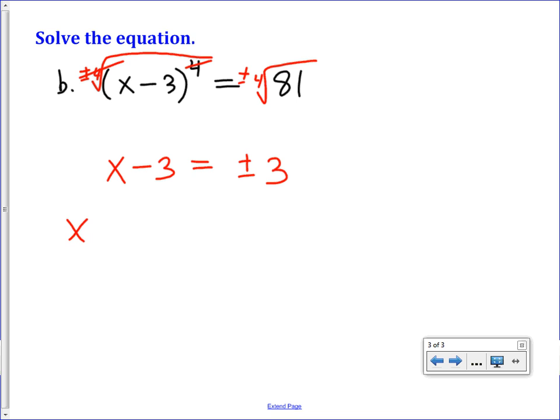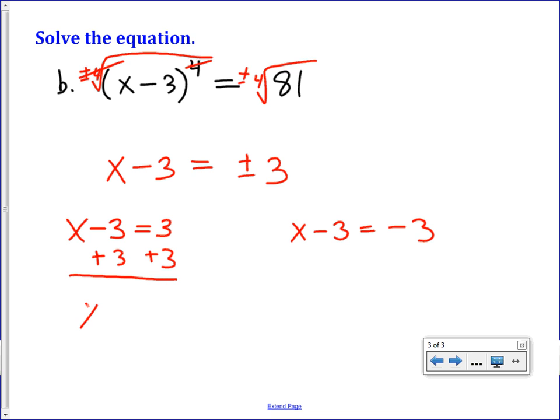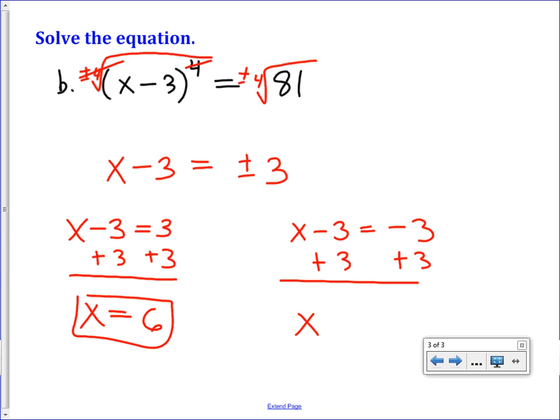So one equation that we have is x minus 3 equals positive 3, and the other equation that we have is x minus 3 equals negative 3. When we add 3 to both sides then, we're going to get 2 completely different answers. One, x equals 6, and the other, if you add 3 to a negative 3, is that x equals 0.